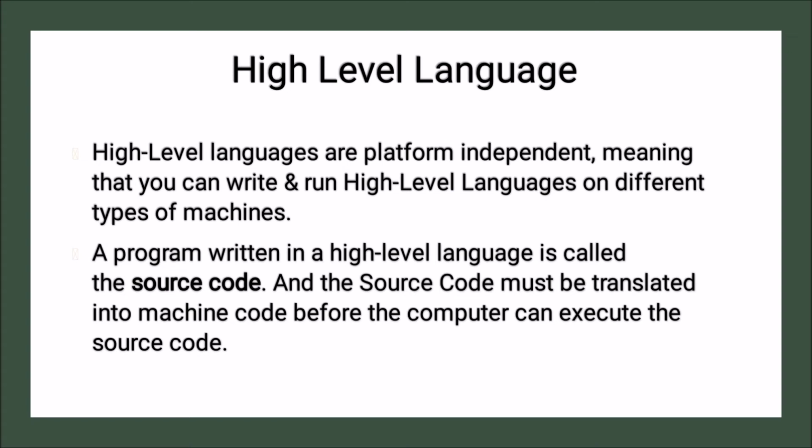A program written in a high-level language is called the source code, and the source code must be translated into machine code before the computer can execute it. Whenever we write code in any language, whether it is C, C Sharp, Java, or .NET, it is called source code, and it must be translated into machine code before the computer can execute it. So these are the three types of language: machine level, assembly level, and high level language.